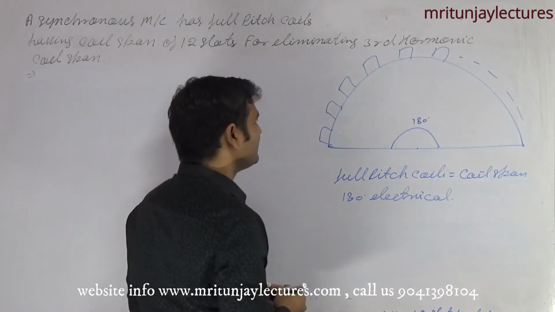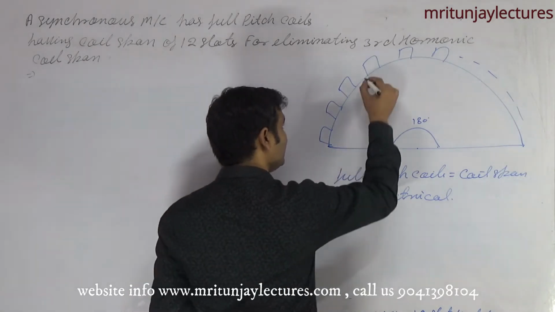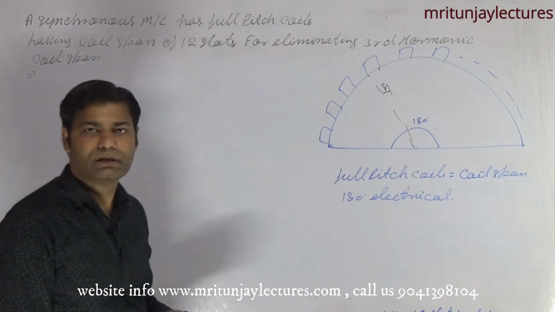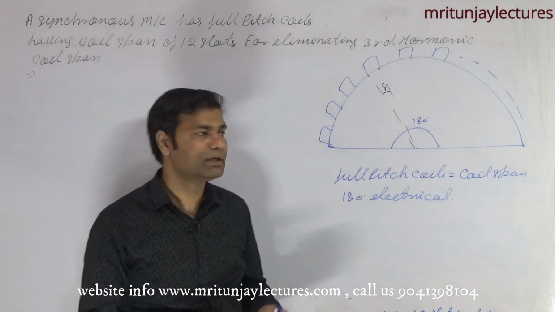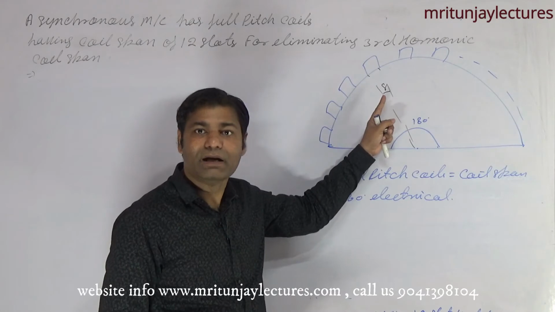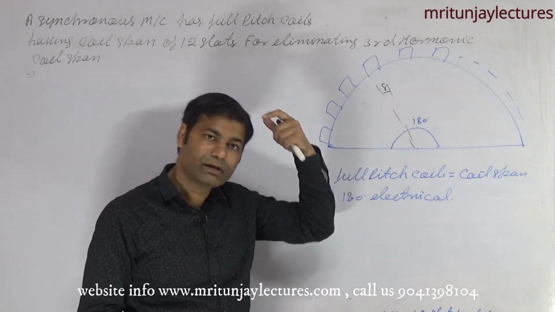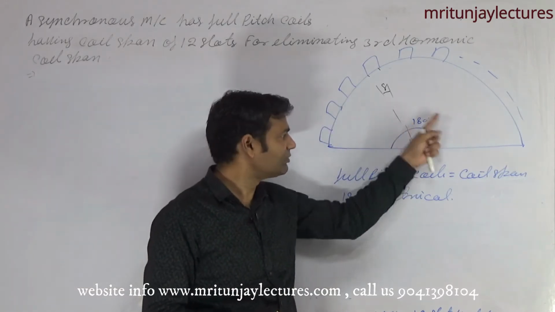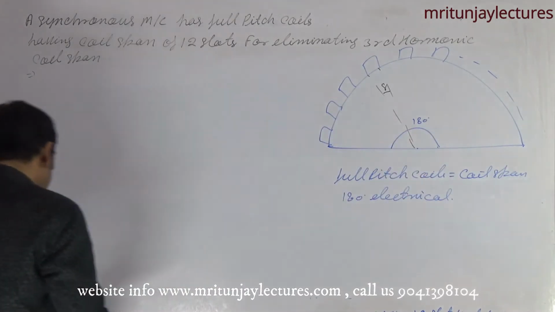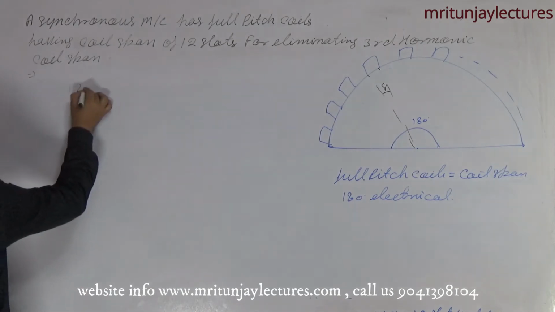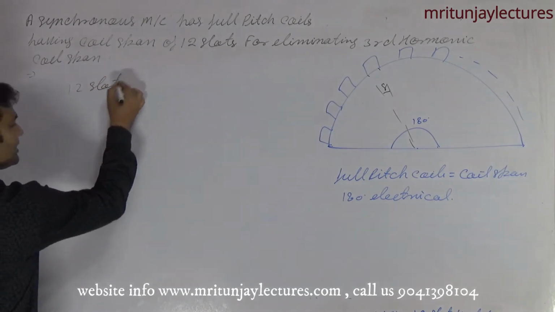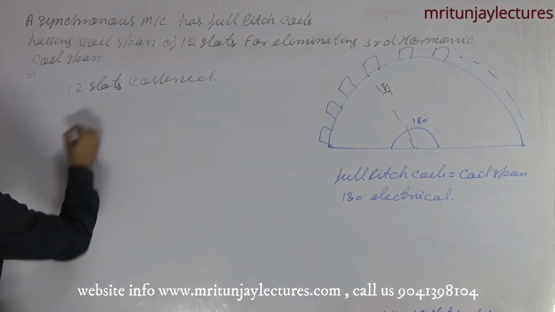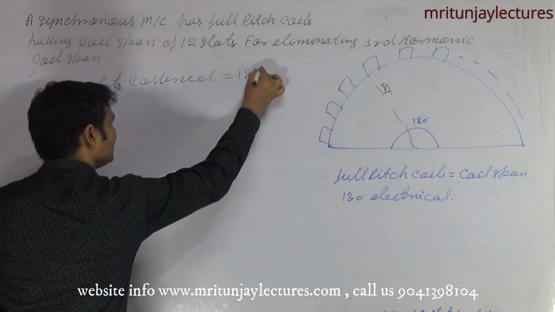Now suppose that one slot angle is gamma. It means for 12 slots, 12 into gamma is equal to 180 electrical, or you can say that the 12 slots covered are equal to 180 electrical.